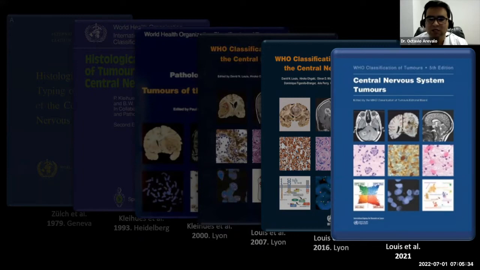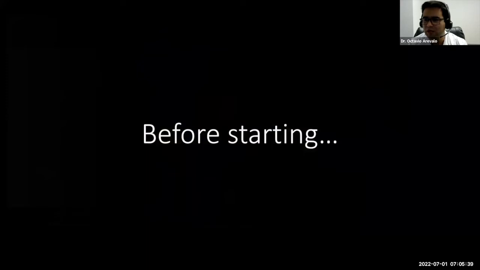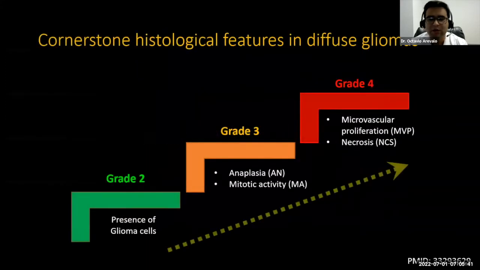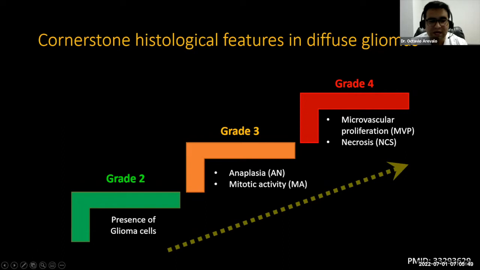And I want to give you just a brief overview of what it's all about. So before starting, I want to talk about some basic cornerstone histological features in diffuse gliomas. And I want to emphasize that I refer to diffuse gliomas only.